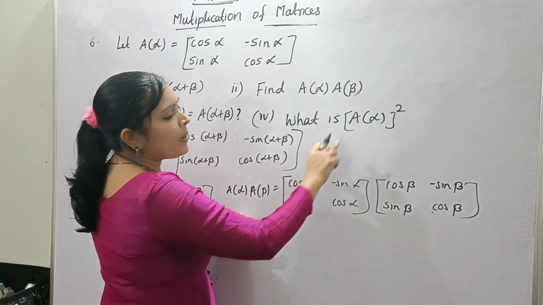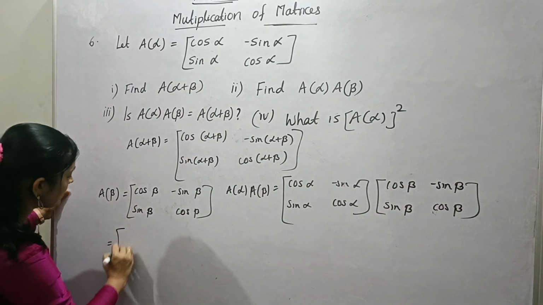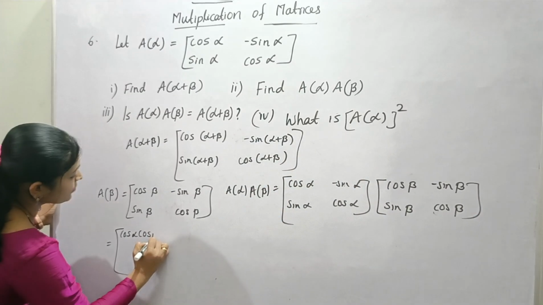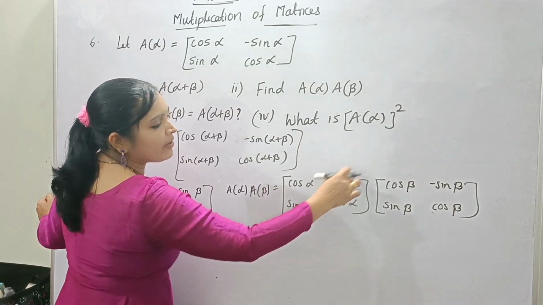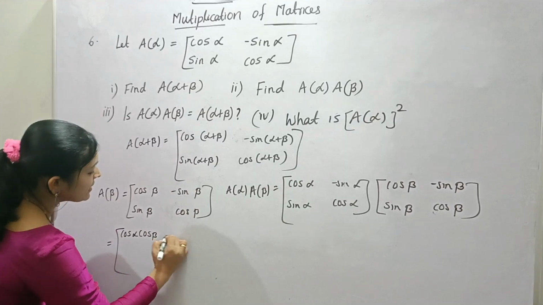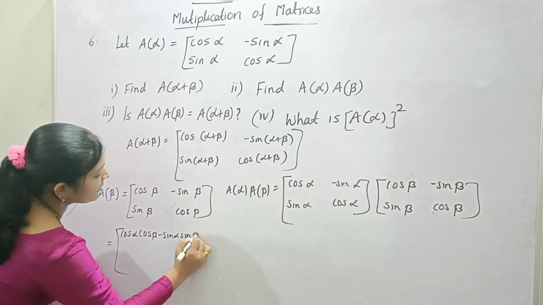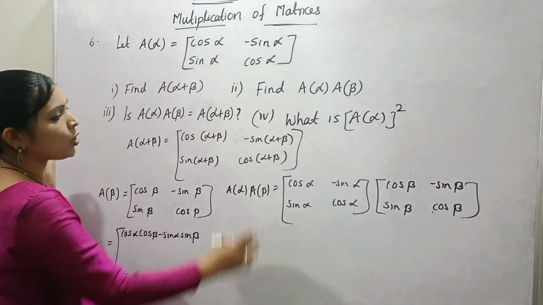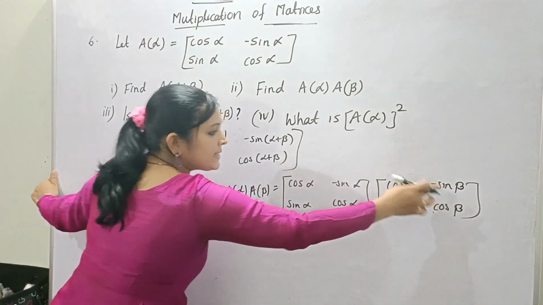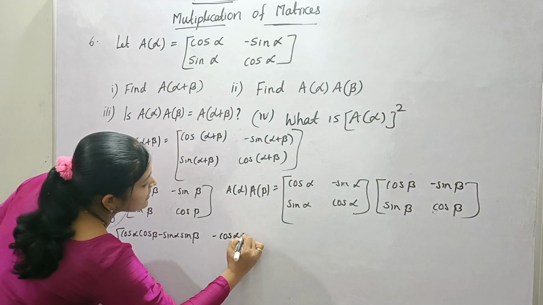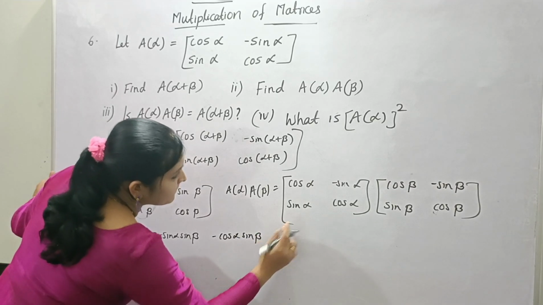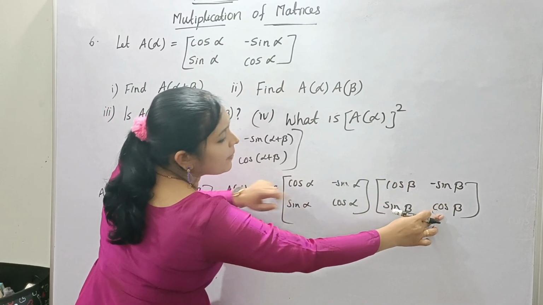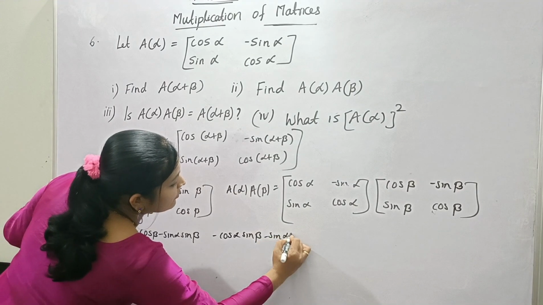The method is first row multiply with the first column, that is cos alpha into cos beta plus minus sin alpha into sin beta, that is minus sin alpha sin beta. Then first row multiply with the second column. So cos alpha into minus sin beta, that is minus cos alpha sin beta, then minus sin alpha cos beta.